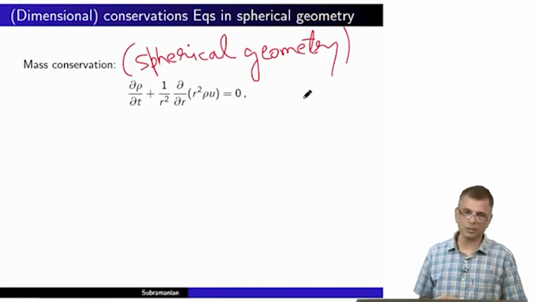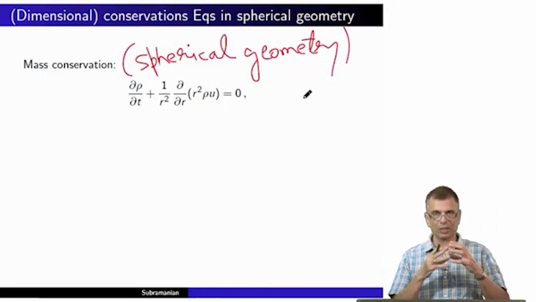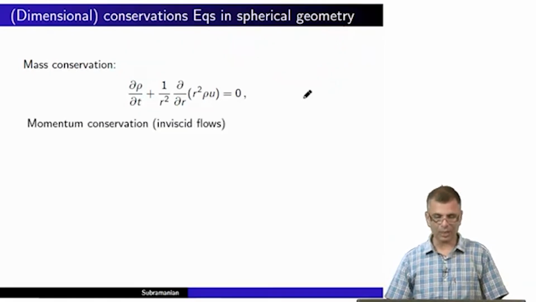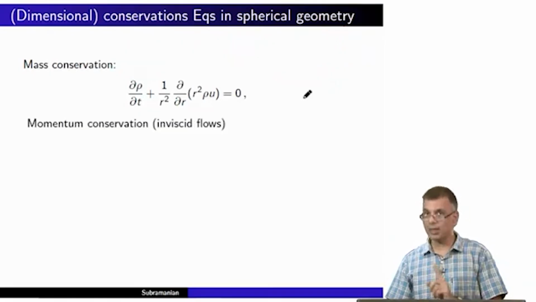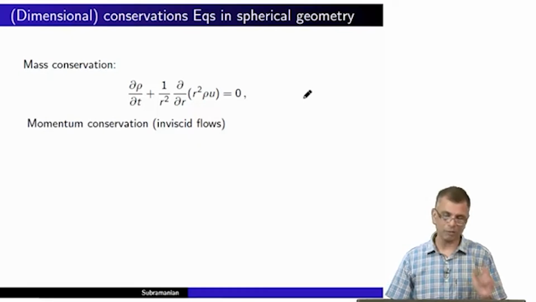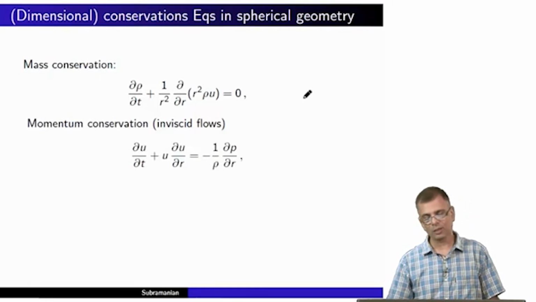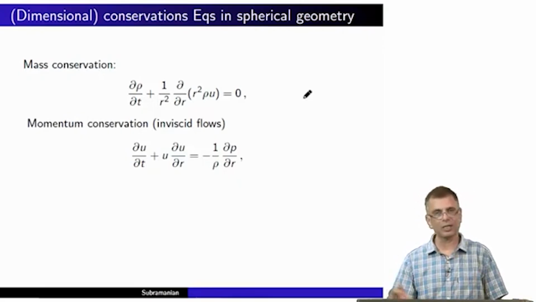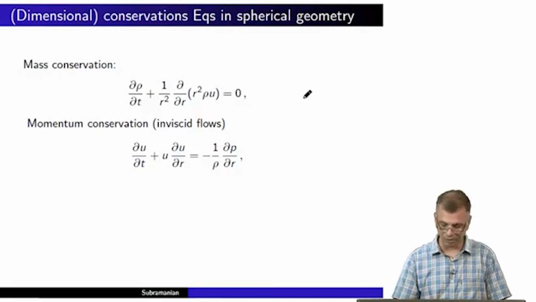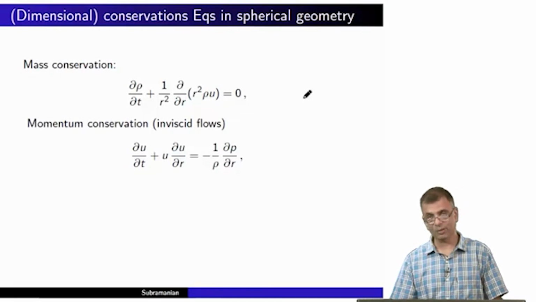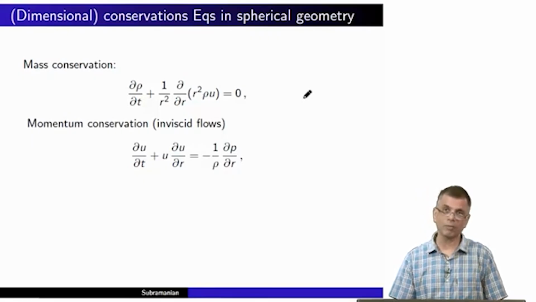The whole assumption is that the blast wave is expanding outwards, spherically. And momentum conservation, we neglect viscosity, so for inviscid flows it is this. There is only one space variable, and that's r, and so there's a gradient of pressure. Gravity doesn't matter. Body forces don't matter anymore.